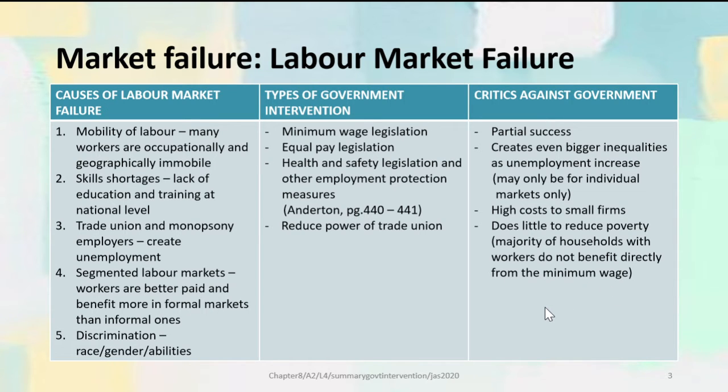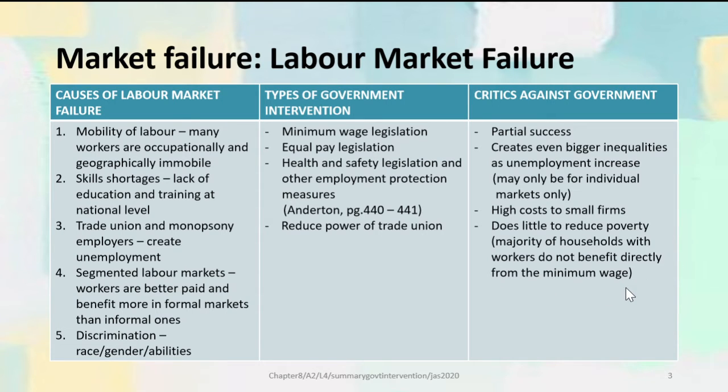And finally, I put over here, it does little to reduce poverty. Trying to help all these employees with this intervention does not necessarily mean that we reduce poverty, because the majority of households with workers do not benefit directly from the minimum wage.